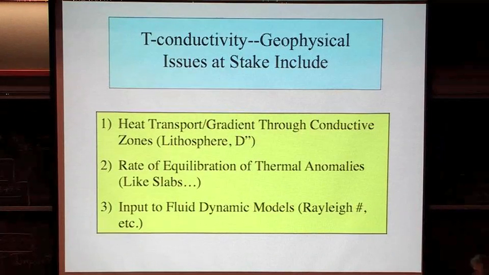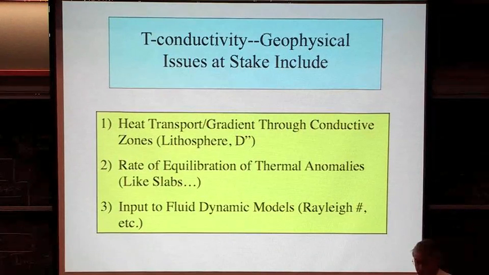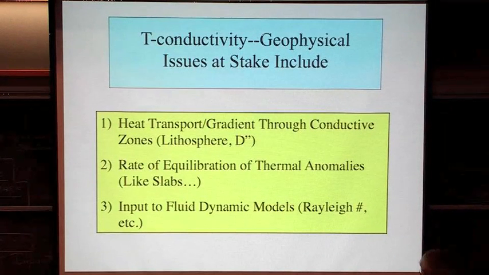For example, the heat transport, or the heat gradient, through conductive zones, the lithosphere and D double prime in all likelihood, plus any other conductive zones you want to find within the deep Earth, hinges completely on the value of thermal conductivity. The rate of equilibration of thermal anomalies, things like slabs, how long a slab's thermal signature persists, is critically dependent on thermal conductivity as well.